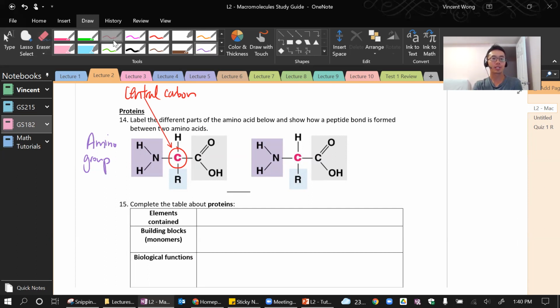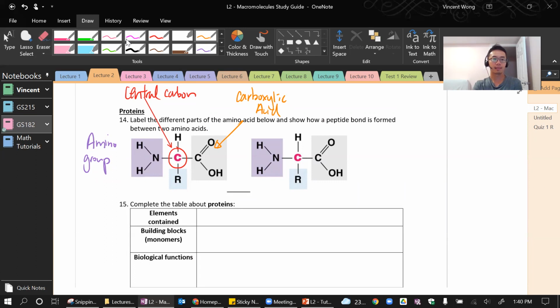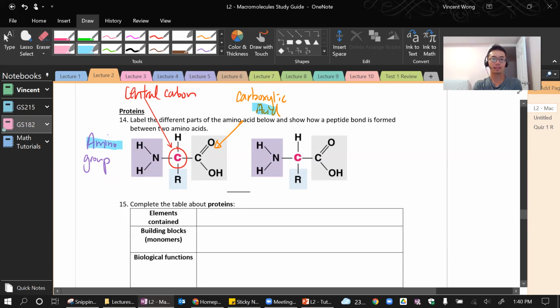And then on the other side, over here, we have the carboxylic acid. Carboxylic acid. That's why this is called an amino acid. And then there's the R. The R here is called a side chain.